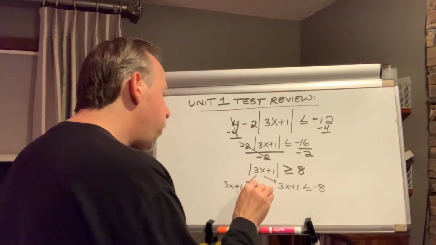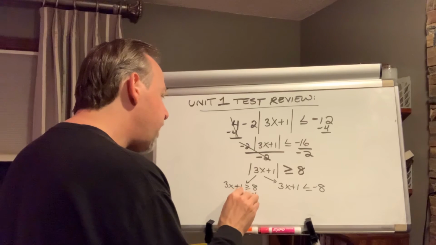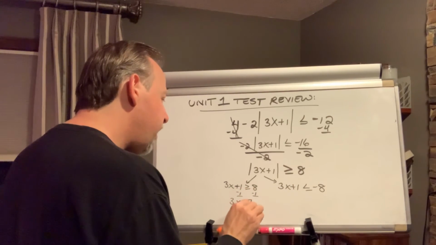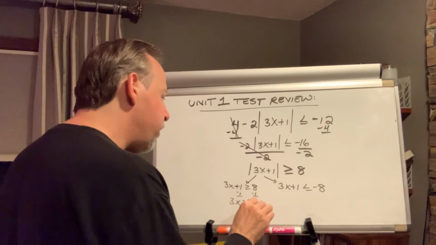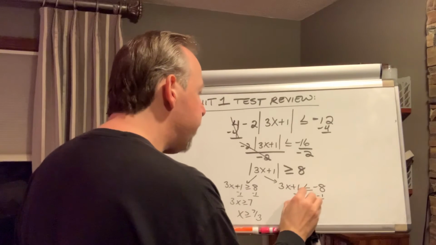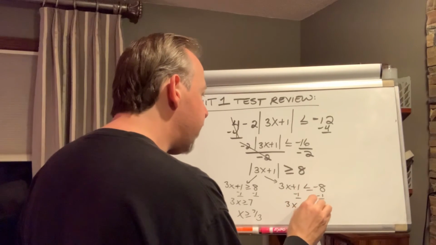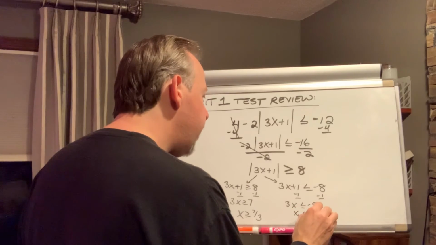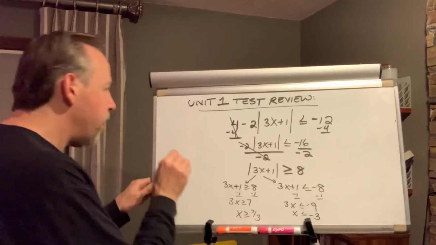And we subtract 1 from both sides. 3x is greater than or equal to 7. Divide by 3. X is greater than or equal to, keep it at 7/3. Over here, we'll subtract 1 from both sides. 3x is less than or equal to negative 9. X is less than or equal to negative 3.